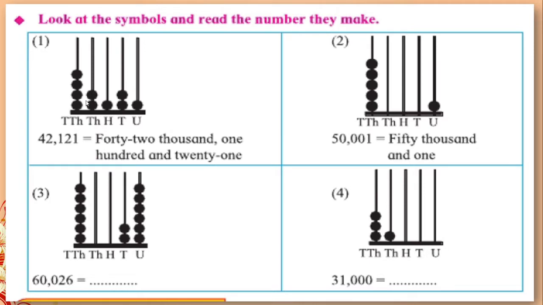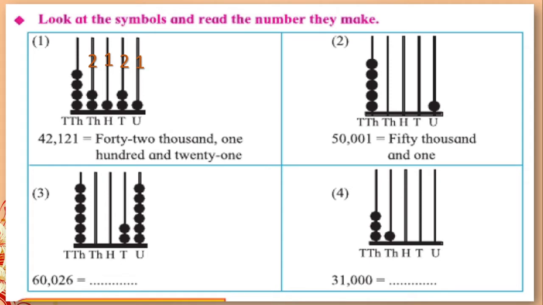See, in the unit place we can see only one bead, right? In the tens place we can see 2 beads. Then in hundreds place 1 bead again, and in thousands place 2 beads, correct?